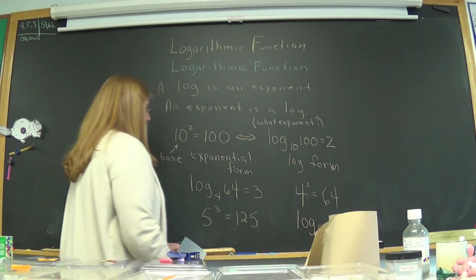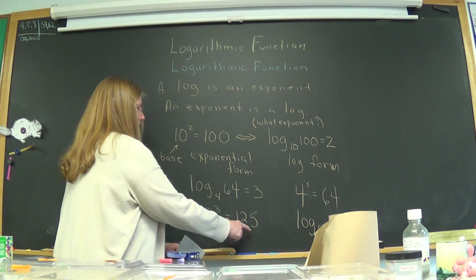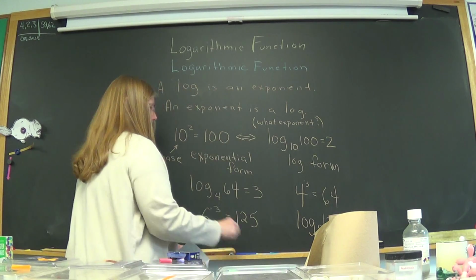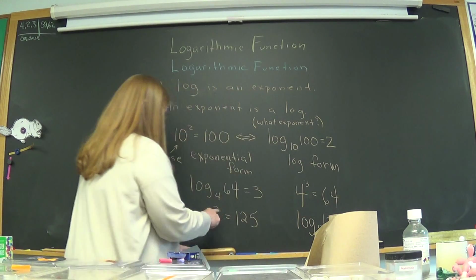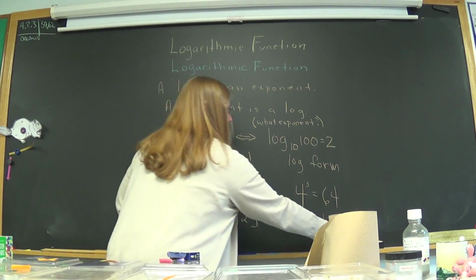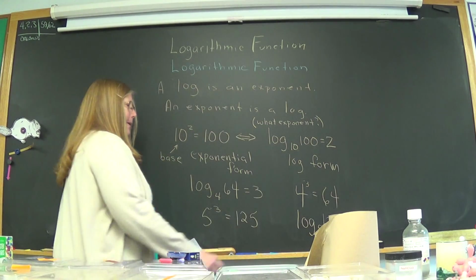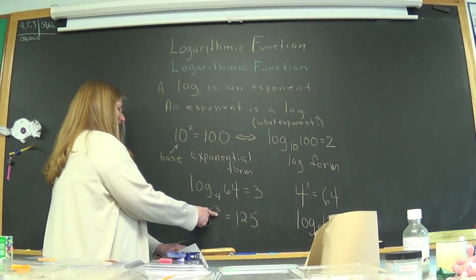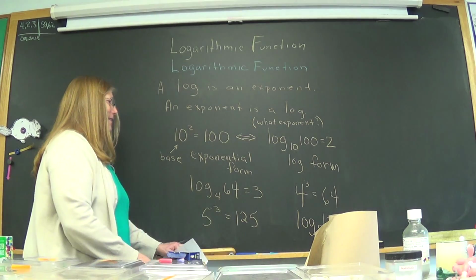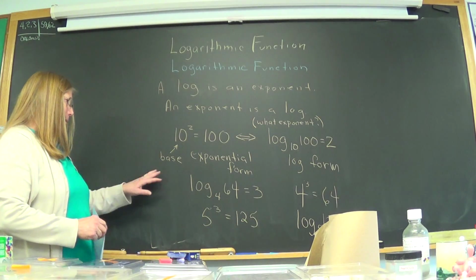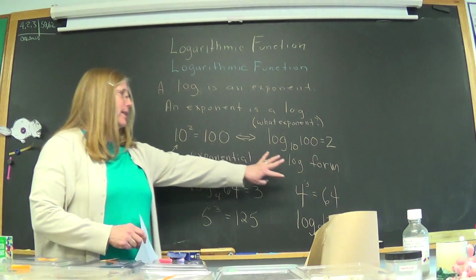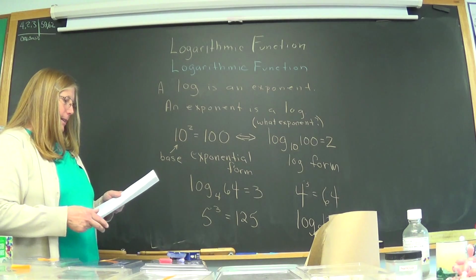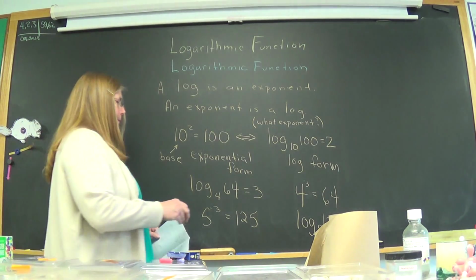So this is log to the base 5 of this number is this number. You can see the exponent is the logarithm. So log to the base 5 of 125 means 5 raised to the 3 equals 125. Part of your assignment tomorrow is going from log to exponential form and from exponential form back to logarithmic form, like those two examples.